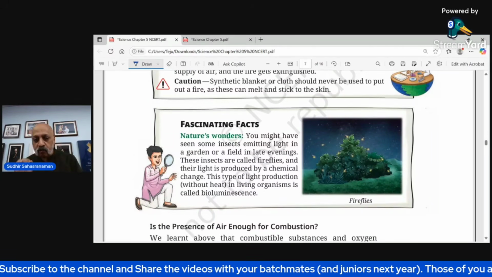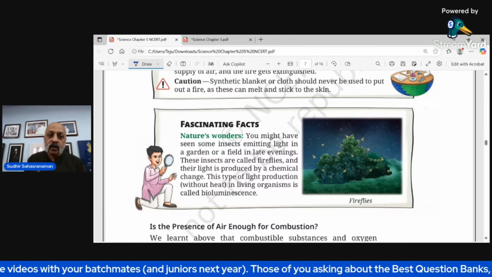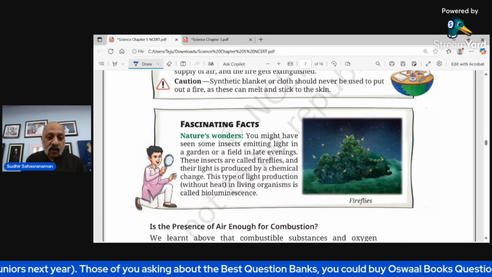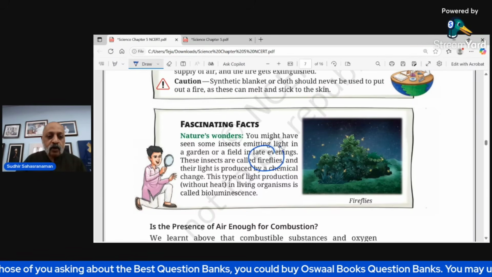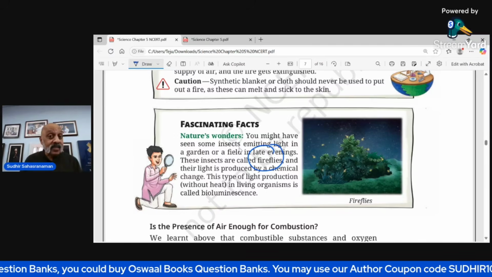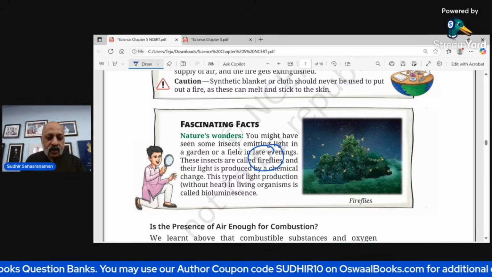Now this is a wonder of nature. You might have seen some insects emitting light in a garden or a field in the late evening. These insects are called fireflies, and their light is produced by a chemical change. There is a chemical change happening inside them. This is just a mention here, we're not getting into too many details because that's for higher classes.